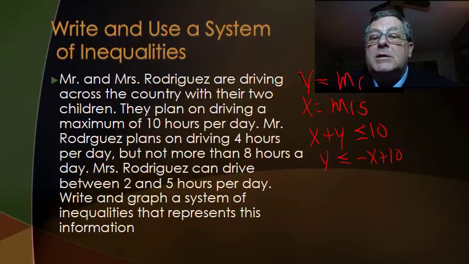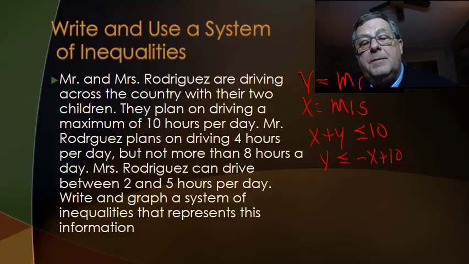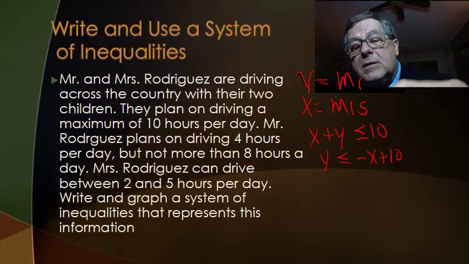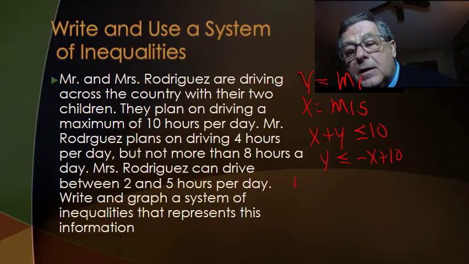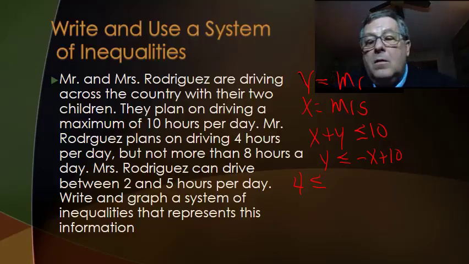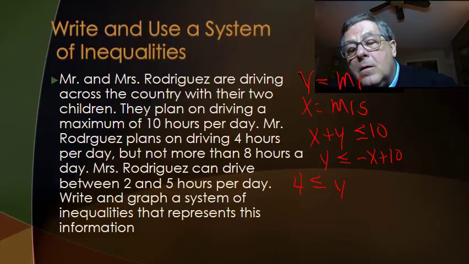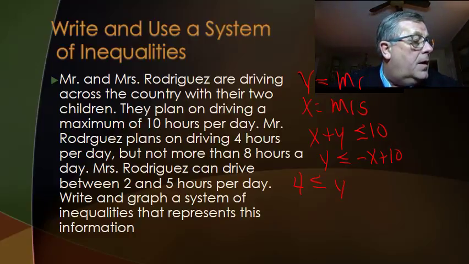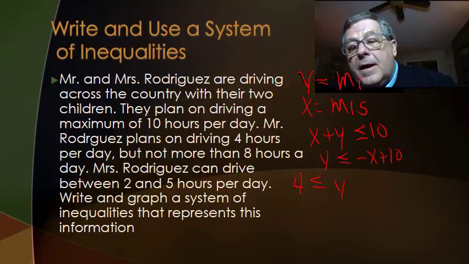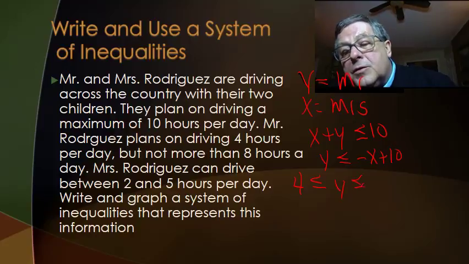Now, Mr. Rodriguez, Mr. Y, plans on driving 4 hours per day, but not more than 8 hours per day. So let's put it like this: 4 is less than or equal to y, and that also less than or equal to 8.